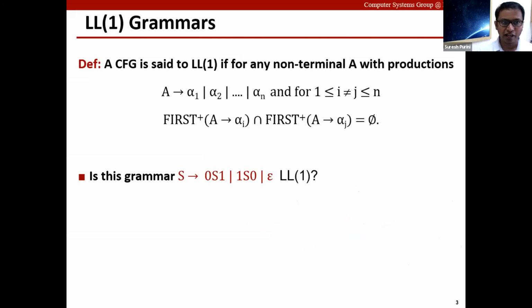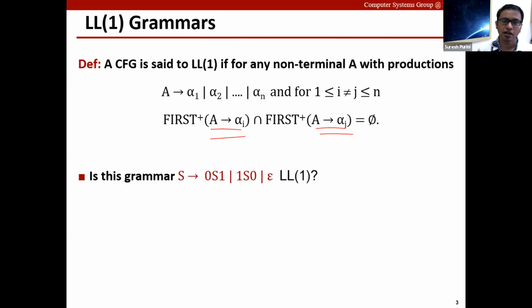And we say that a context-free grammar is LL1 if there exists no two substitution rules, a goes to alpha I and a goes to alpha j, or in other words, for every two substitution rules, a goes to alpha I and a goes to alpha j, if their intersection is empty, then we say the context-free grammar is a LL1 grammar and it is amenable for LL1 parsing.